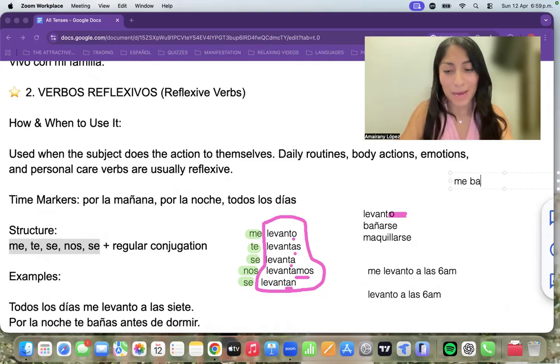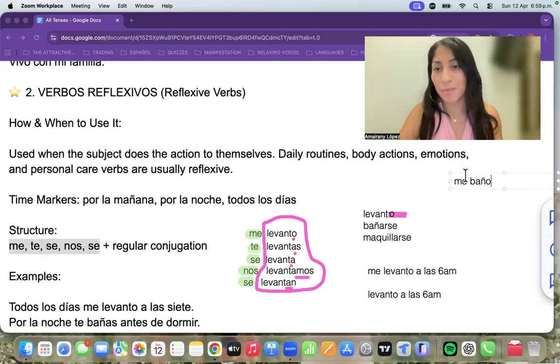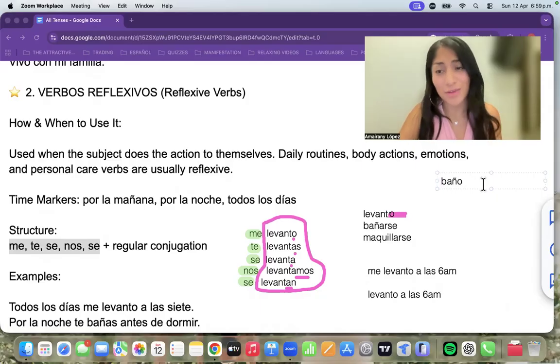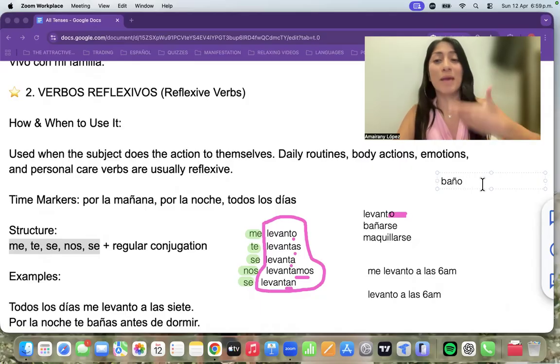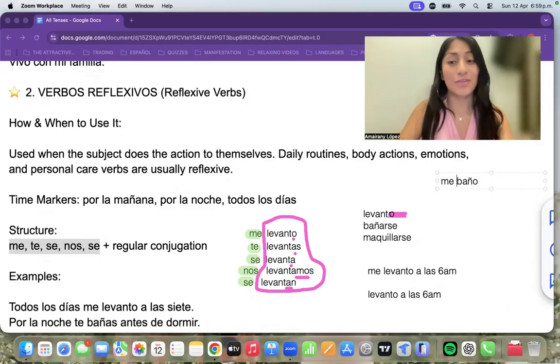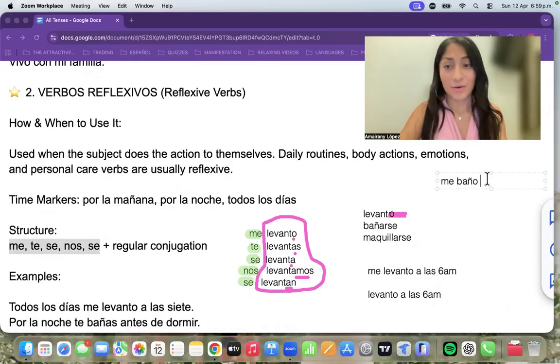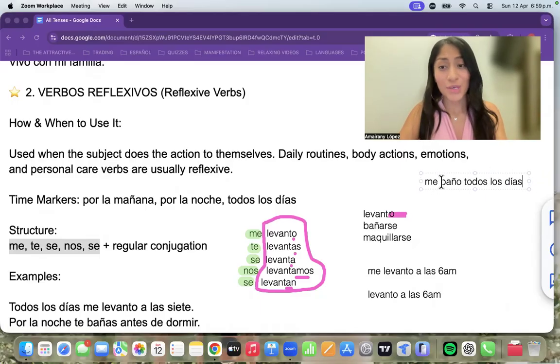Same with the word me baño, which would be I shower myself or I bathe myself. If you just say baño, you probably know that this just means bathroom, right? Or it could also be to bathe someone else. But if you don't put the me, then it wouldn't mean I am showering myself, okay? So if you want to say me baño todos los días, I shower every day, again, you would have to add this for us to know that it's I shower. If you don't add it, it would be like saying shower every day.